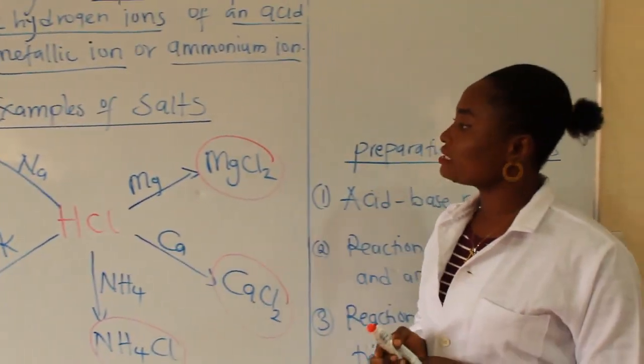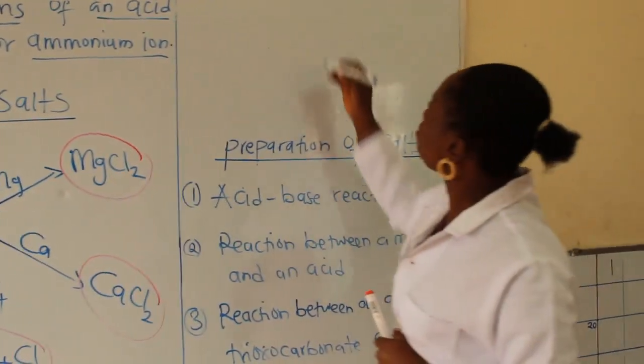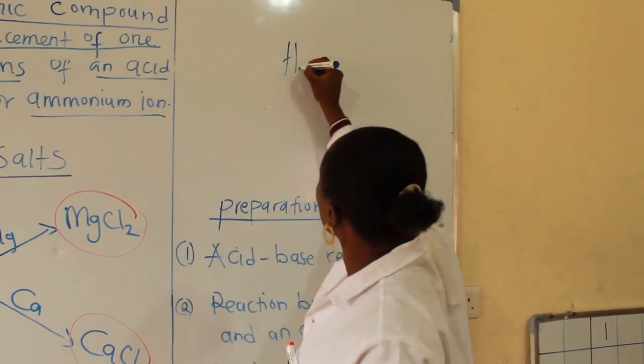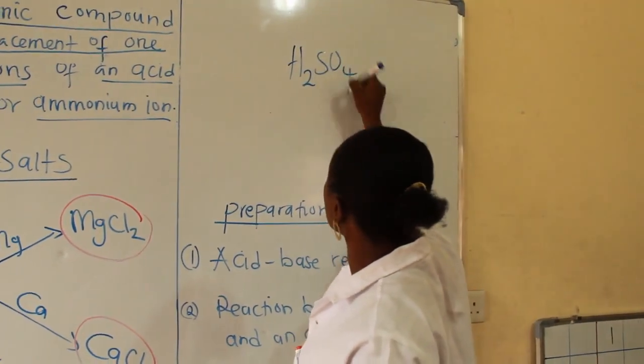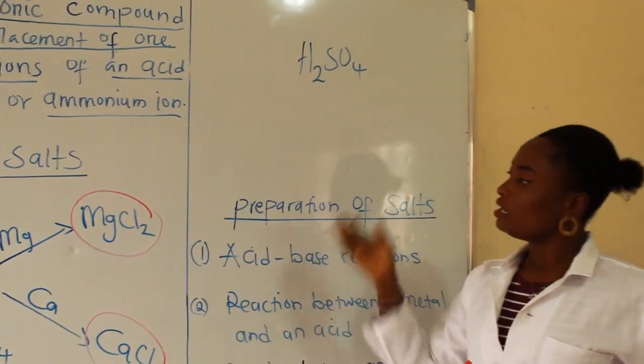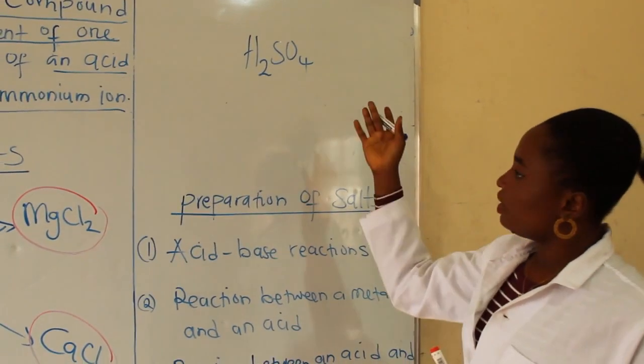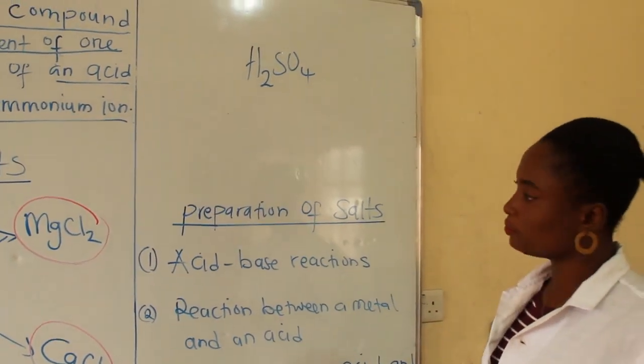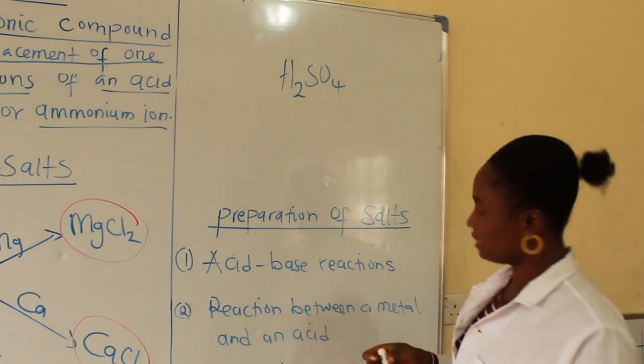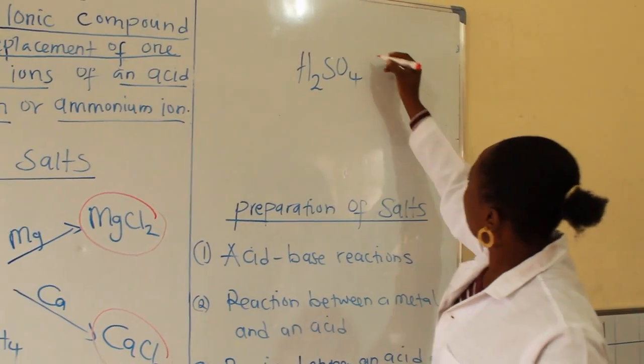Now another acid, that is H2SO4, sulfuric acid. We can also get different salts from here. What do we do?